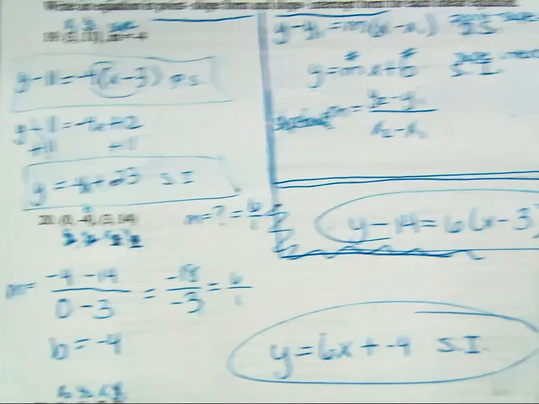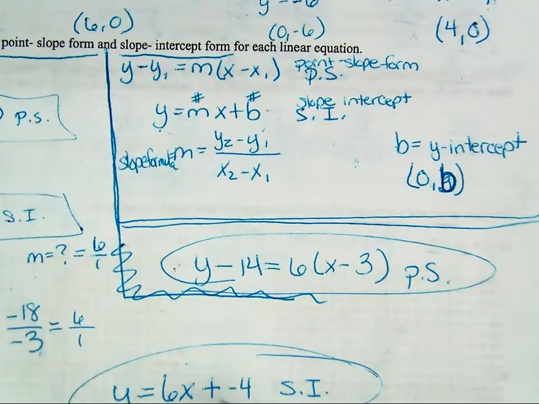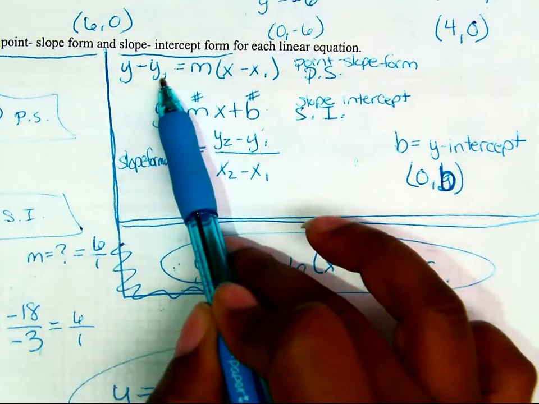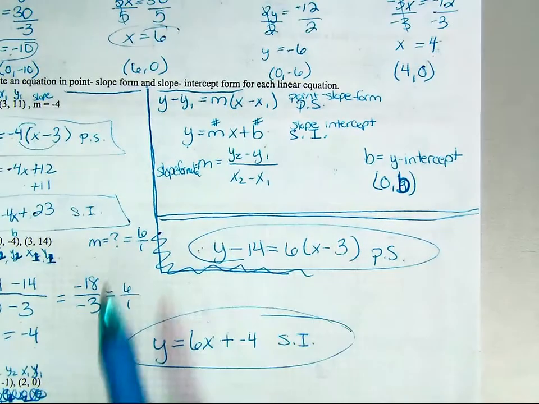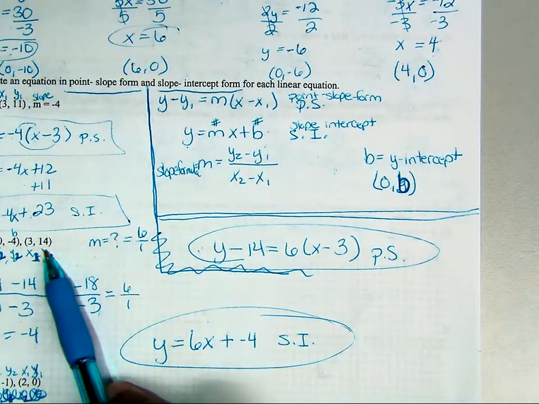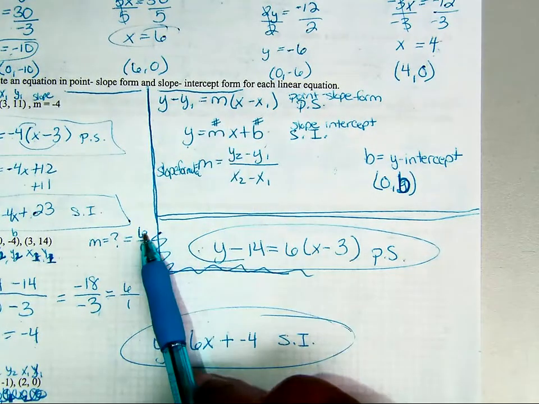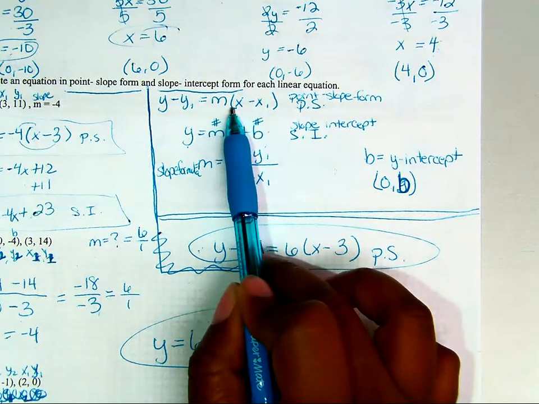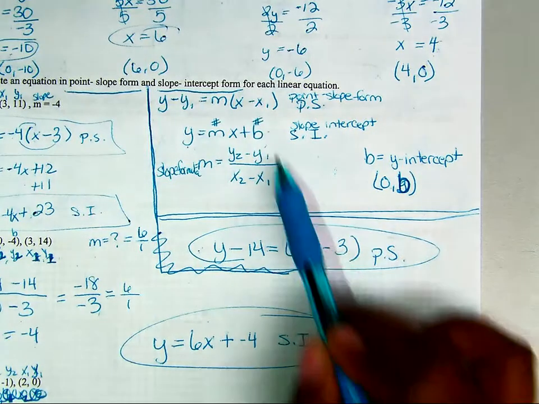So first thing I had to do was rewrite my problem. Y minus y1 in this problem was 14, equals M is 6 over 1, or I could just put it as 6 times the quantity, so I need a parenthesis, of x minus x1, which is 3.